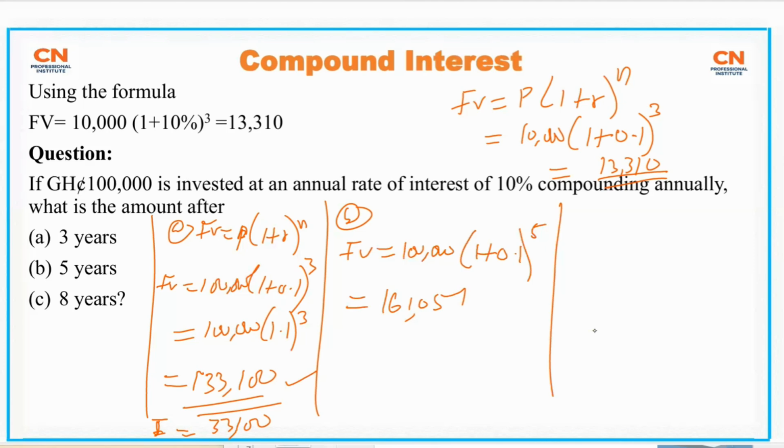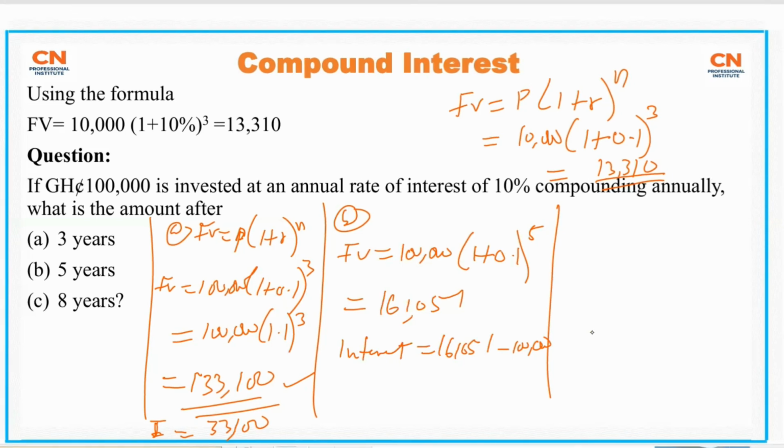The interest will be the difference between 161,051 minus the 100,000, so 61,051 is the interest. I hope what I'm punching is right.